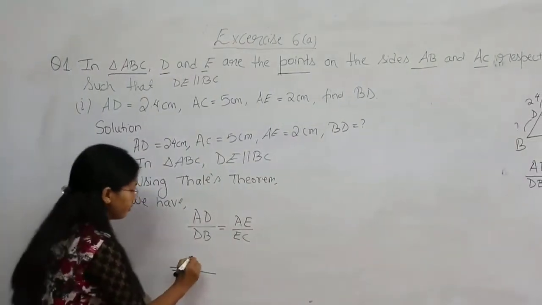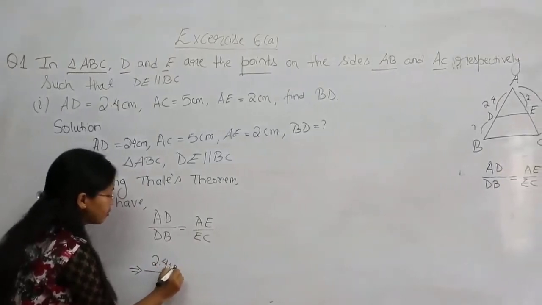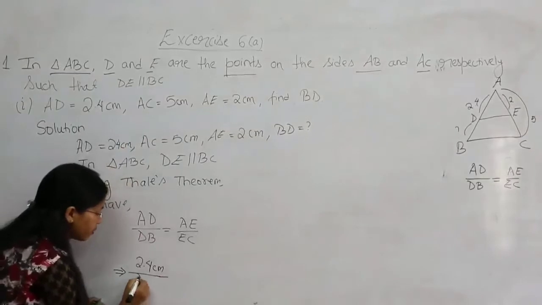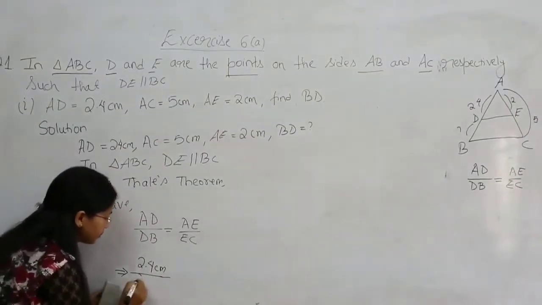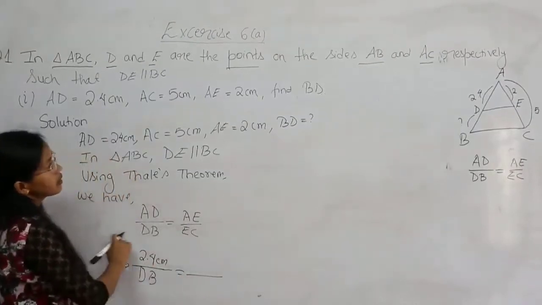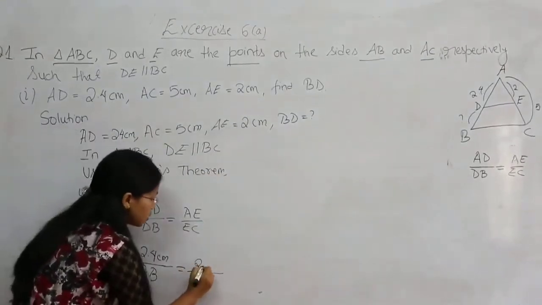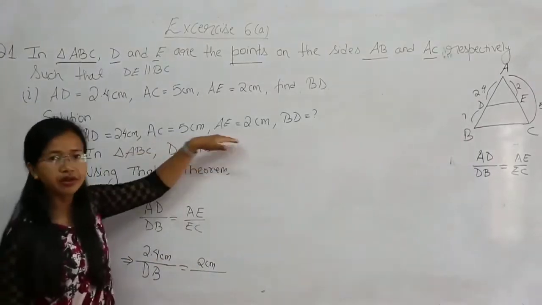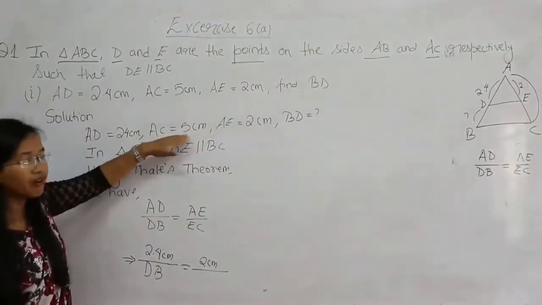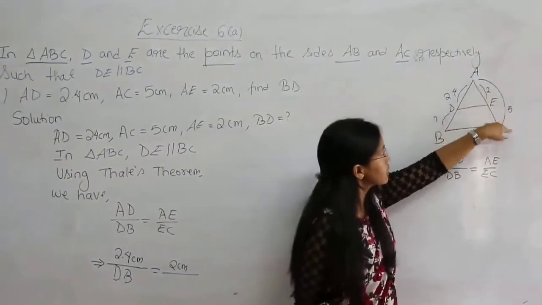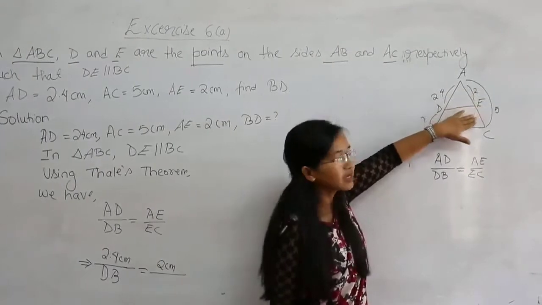AD we have 2.4 centimeter. BD we don't know, we have to find it, so it will remain DB. And AE is given to us as 2 centimeter. EC we don't have right here, but instead we have AC. Have a look at the figure. We are given AC and we are given AE, but not EC.